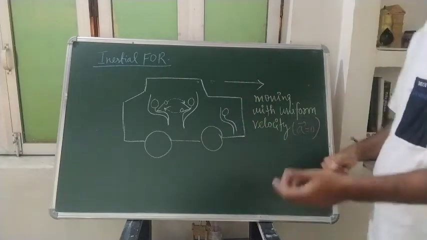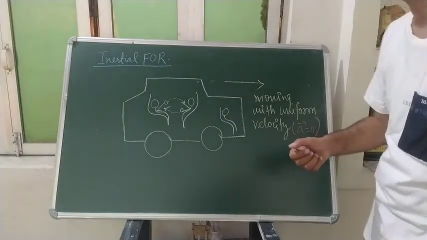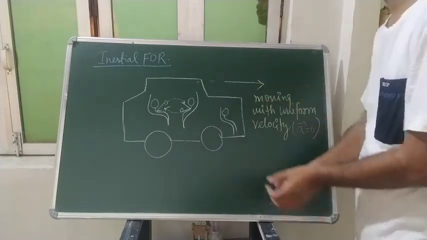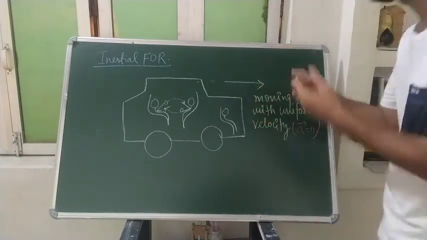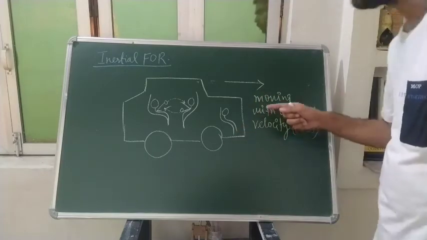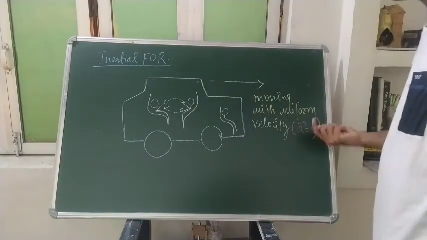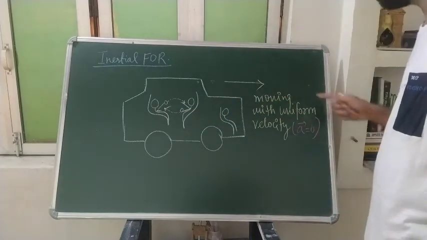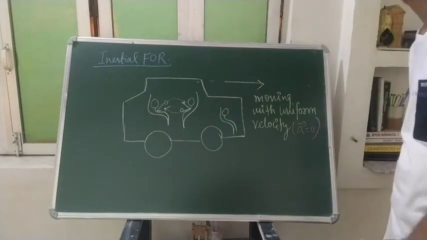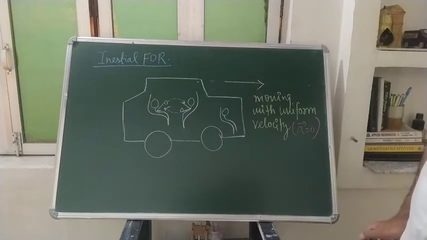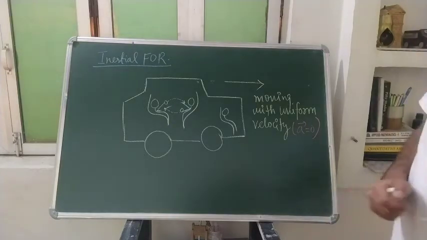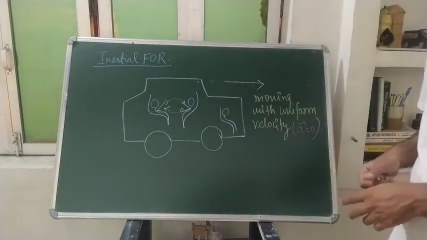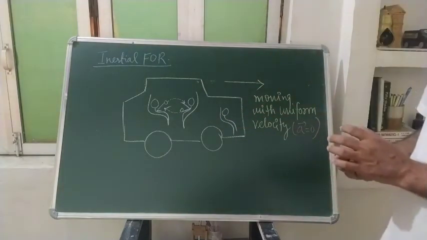In other words, while we are throwing the ball, we are applying force, and your friend is catching the ball. These are examples of Newton's laws of motion, and they will be applicable here when the car is moving with uniform velocity. Since inertia holds good here, it will be called our inertial frame of reference.